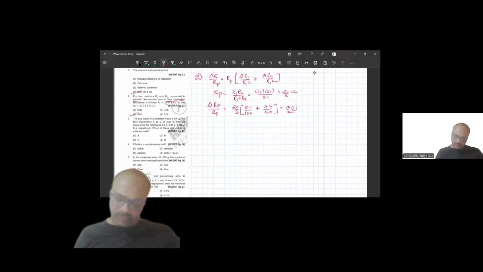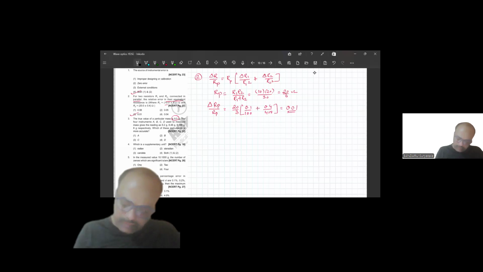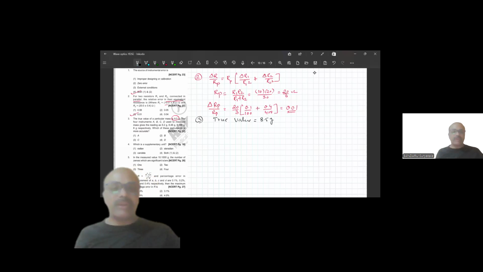Next, the fourth one. They gave 4 different readings, and the true value is given as 8.5 grams. Now we have 4 readings, 8.2 grams, 8.48 and 8.16.